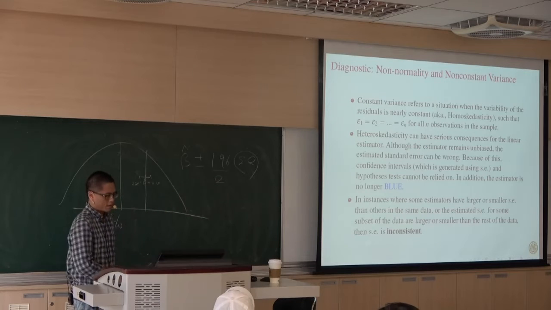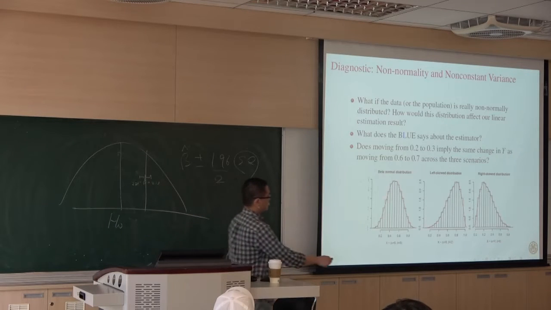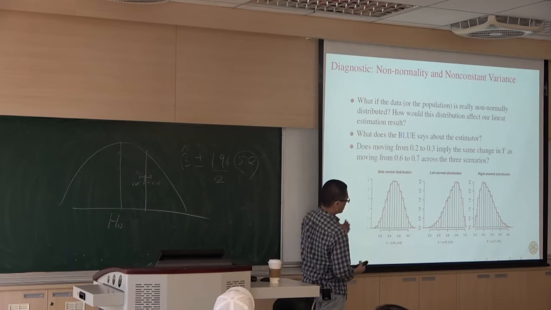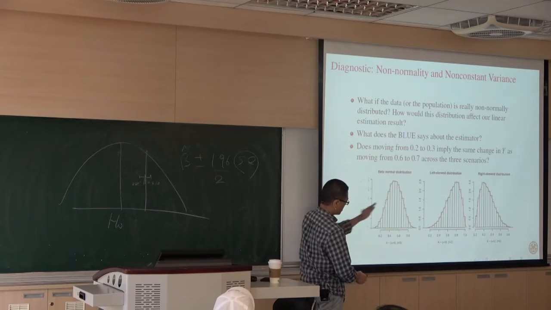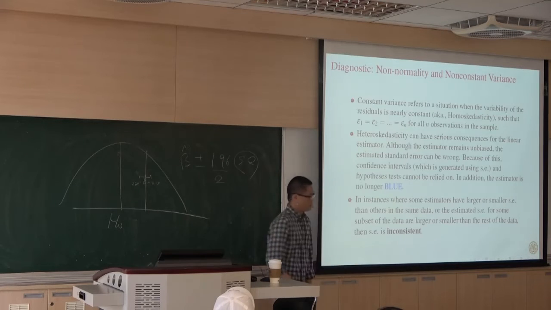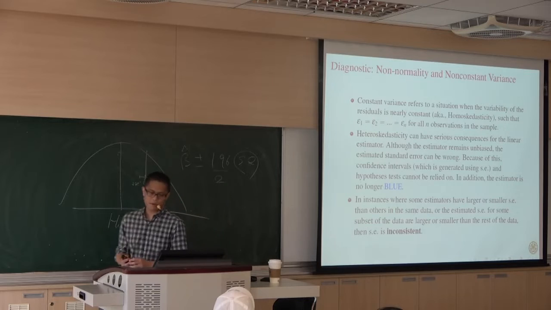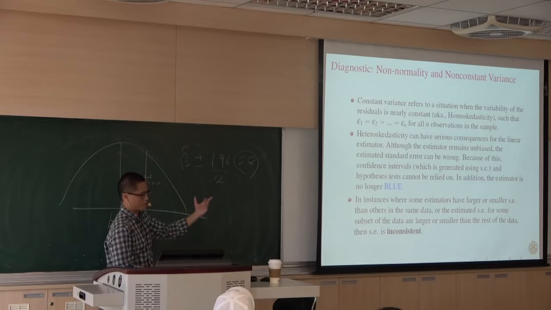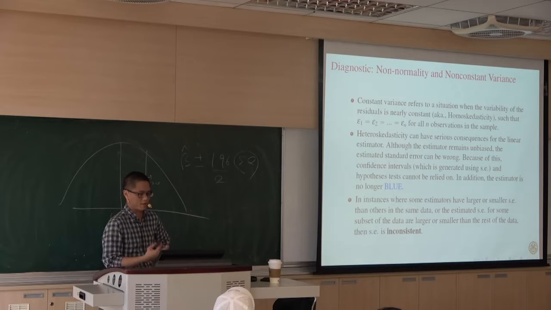For example, if you look at the previous graph, you have the distribution skewed toward either the lower value or the higher value. It could be a left skew or right skew. And suppose that you randomly draw some sample from this particular segment of your sample.